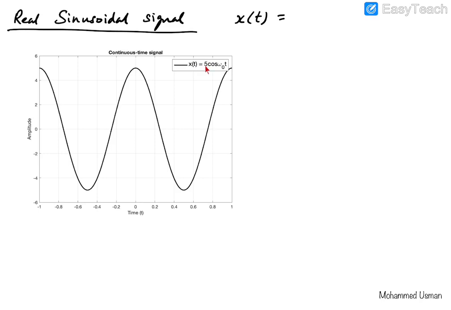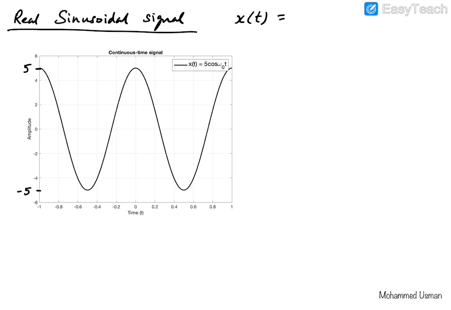It has an amplitude of 5 volts. So you notice here on the y-axis, the peak amplitude is 5, and on the negative side it's -5. So we have here 5, exactly halfway between 4 and 6. So that's the peak value, and on the negative side it has a peak value of -5 volts.